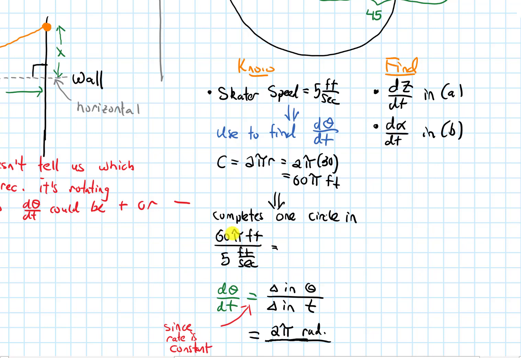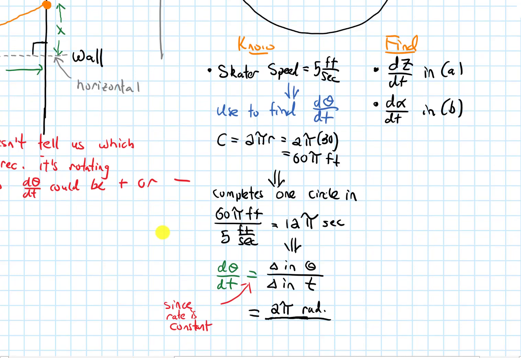When you divide, I'll get 12 pi. With the units, when you divide by a fraction, you take the reciprocal and multiply, and then the feet will cancel, and you'll get seconds. So that is how much time it takes to complete one circle.